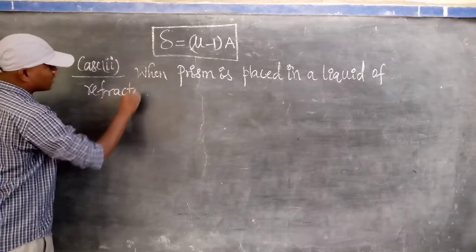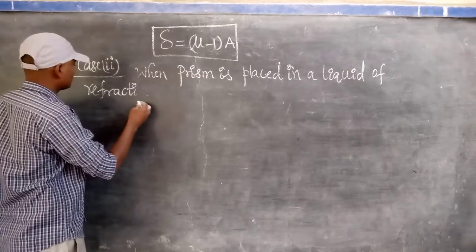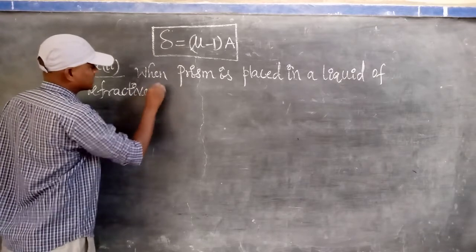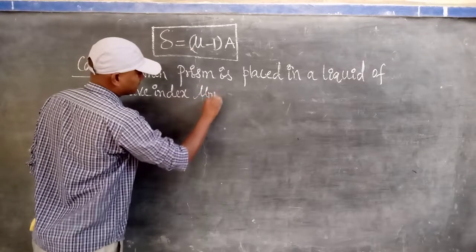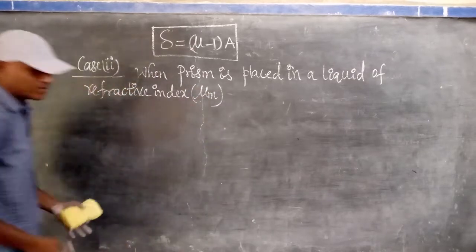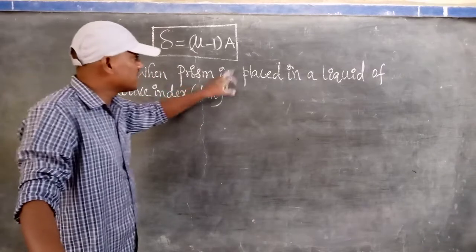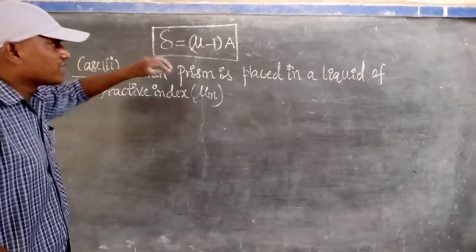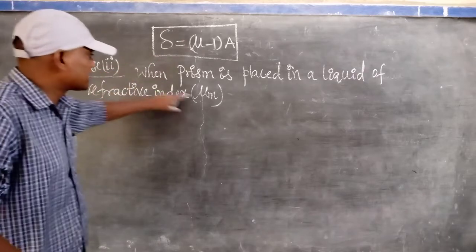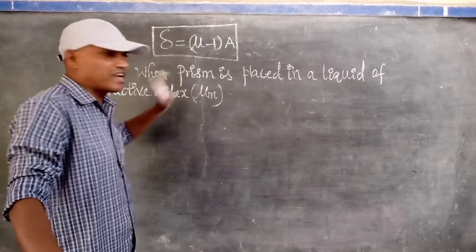When the prism is placed in a liquid of refractive index mu m, liquid is a medium. Listen very carefully. When the prism is placed in a liquid medium of refractive index mu of m, mu of m is the medium refractive index.